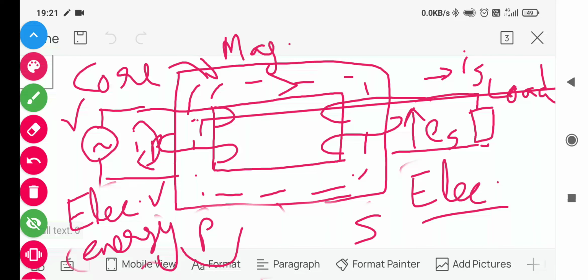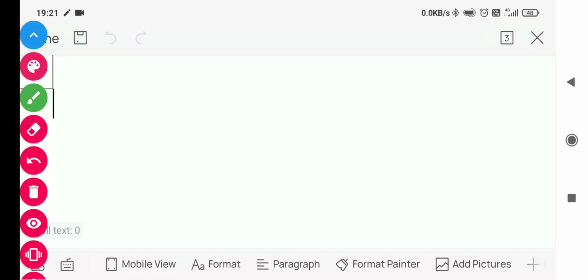So one transformation occurs here, and another occurs there, and that is why it is said that the transformer basically transforms the energy. Understood? That is what you need to understand first, that this is how a transformer works. So let me stop here.